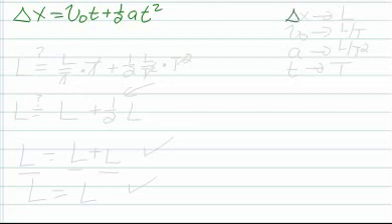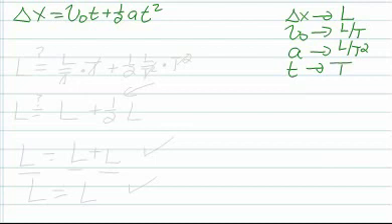Delta x is called displacement, and it has dimensions of length, or L. V0 is a velocity, and it has dimensions of length divided by time. A is acceleration. It has dimensions of length over time squared. T is time, so it has the dimensions of time.